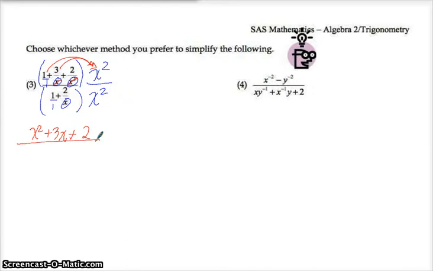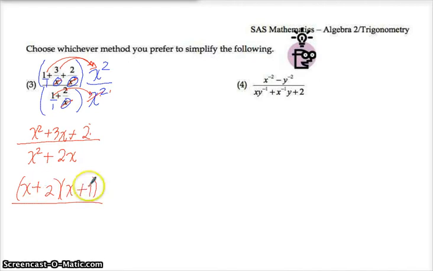Look at that. No more fractions. It's gone. So nice. Then I have 1 times x squared in the denominator, which becomes x squared, and then plus 2 over x. Well, this x will cancel with this one, and we'll have just 1 x left over, so it's plus 2 times x. Now I'm going to factor the numerator. What two things multiply to give me positive 2 but add to give me positive 3?